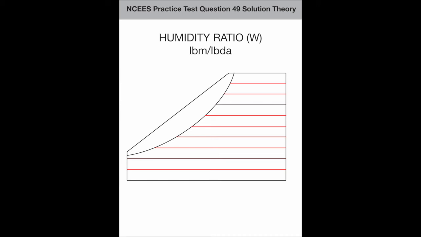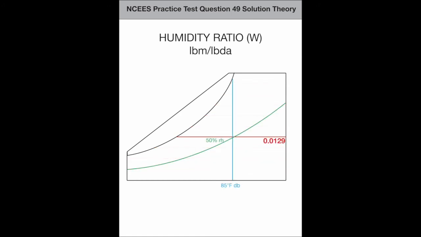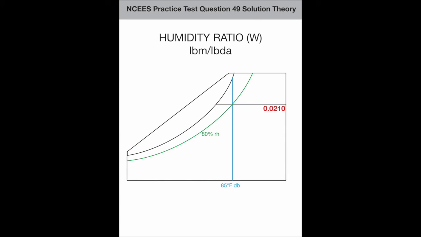Look up the humidity ratio in the sea level psychrometric chart for both the entering air and the exiting air. The humidity ratio for 85 degrees Fahrenheit dry bulb air at 50% relative humidity roughly equals 0.0129. And for 85 degrees Fahrenheit dry bulb air at 80% relative humidity roughly equals 0.0210.